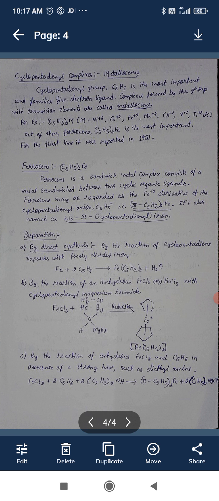Or another way is the reaction of anhydrous ferrous chloride and C5H6 in presence of a strong base such as diethylamine. These are some methods of preparation of ferrocene, a metallocene. Next we shall see its properties, structure and bonding.